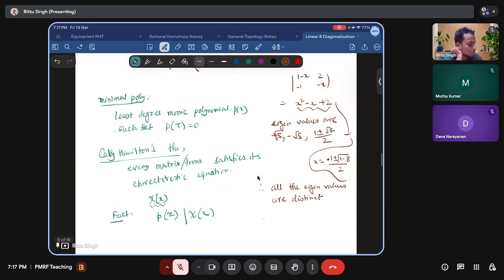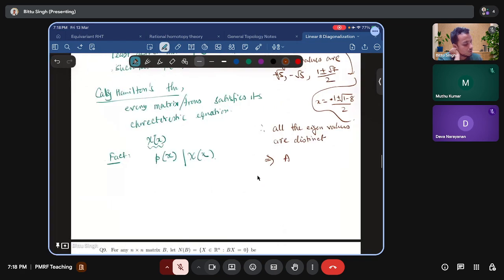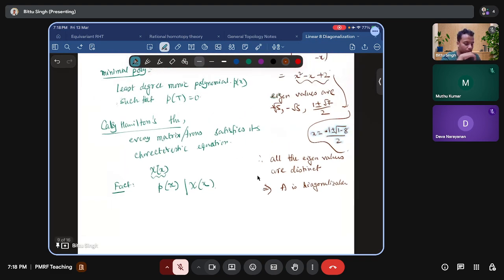Therefore, this implies this transformation or matrix A is diagonalizable. So in this case, the minimal polynomial becomes the characteristic polynomial.